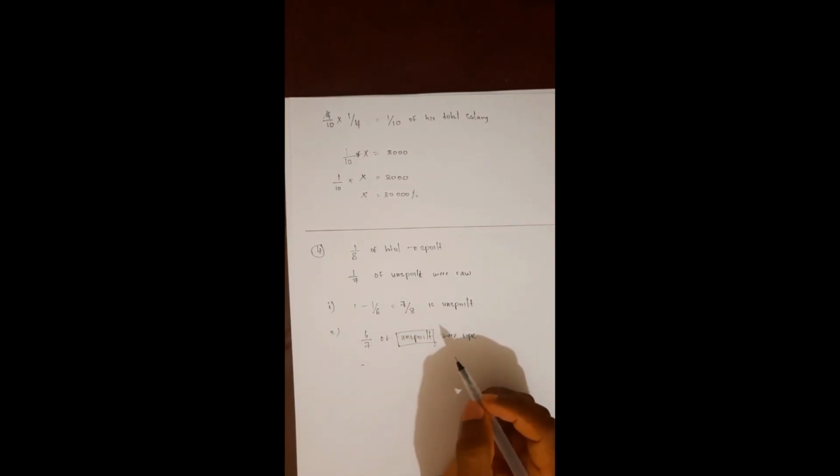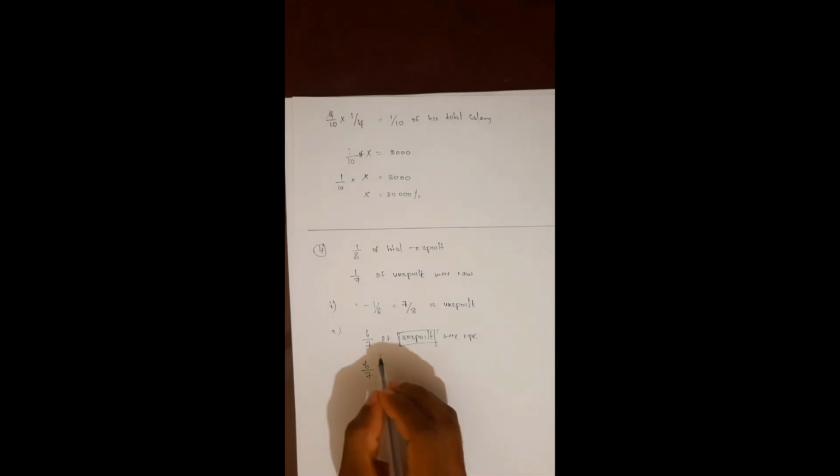So what was the unspoiled part here? As I mentioned earlier, we have to find the unit from which the fractions are obtained. The unspoiled part is 6 over 7 from the unspoiled, that is 7 over 8.